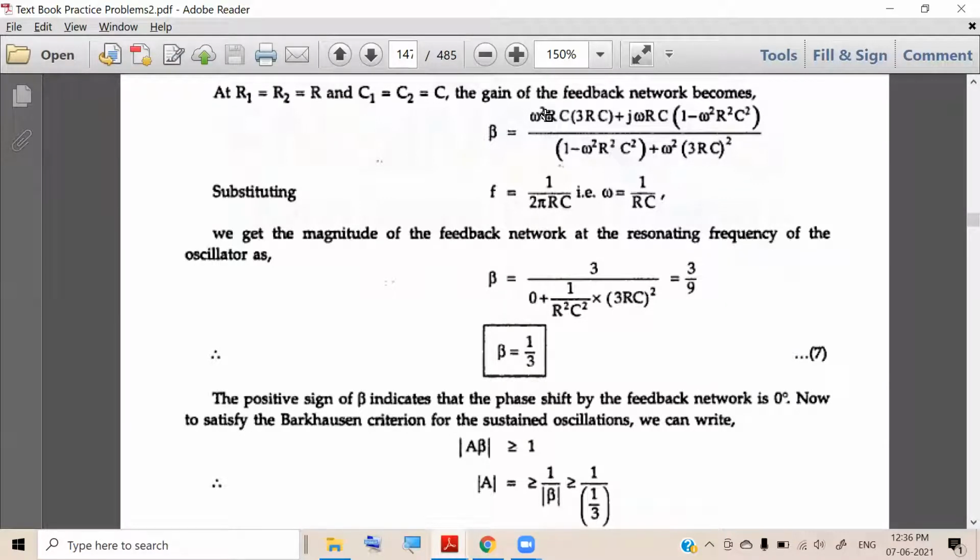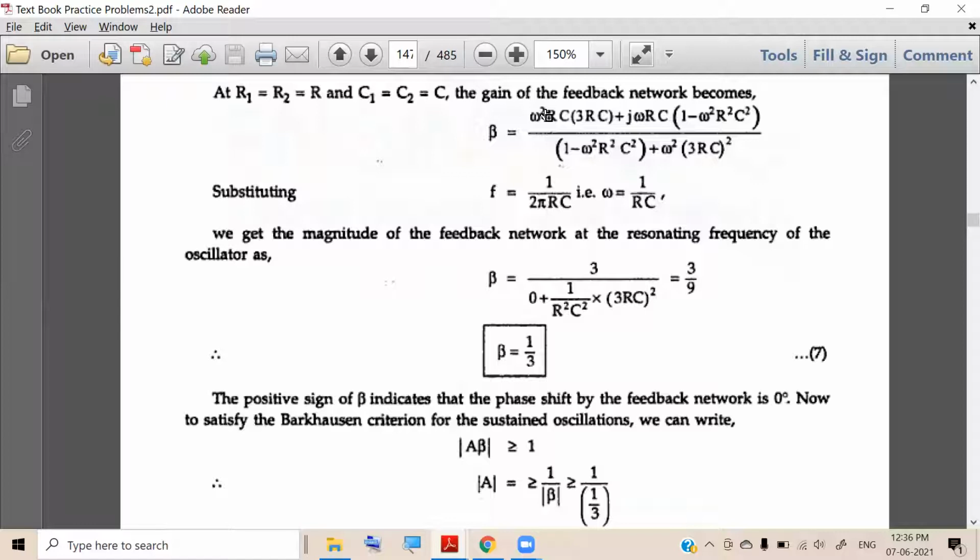Now, how will you identify whether it is 0 or 180? It depends on the sign of beta, in this case, which is the real part. I told you that if you consider a sinusoidal signal and a minus sinusoidal signal, the sinusoidal signal, if you shift by 180 degrees, appears as a minus sinusoidal signal.